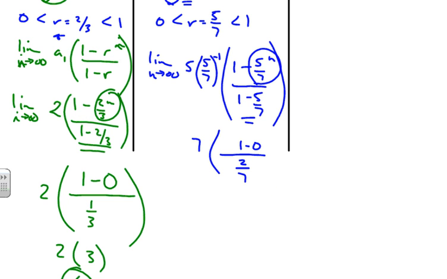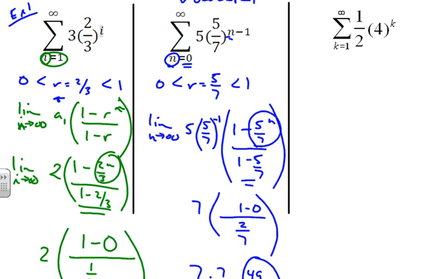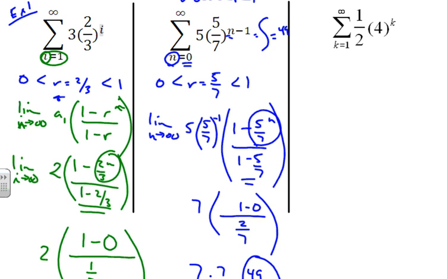So we simplify this, and we have 7 times the reciprocal, 7/2, and we have 49/2 as our converging sum. So if we took all the values together and took them to infinity, the infinite sum would equal 49/2. That's what we found. That's pretty neat. That's some higher level mathematics there for you.